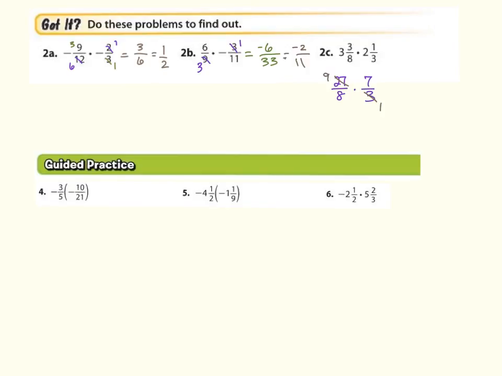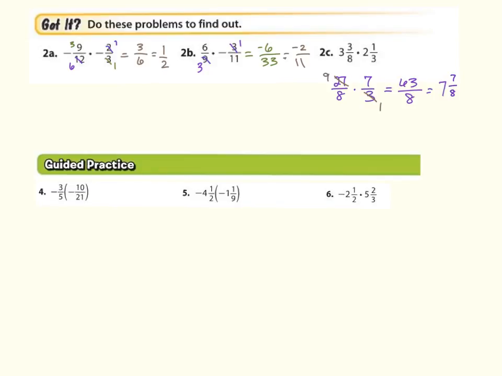Now let's multiply straight across. 9 times 7 is 63. 8 times 1 is 8. 8 goes into 63 7 times, with 7 left over. So 7 and 7/8 is your answer for 2C.